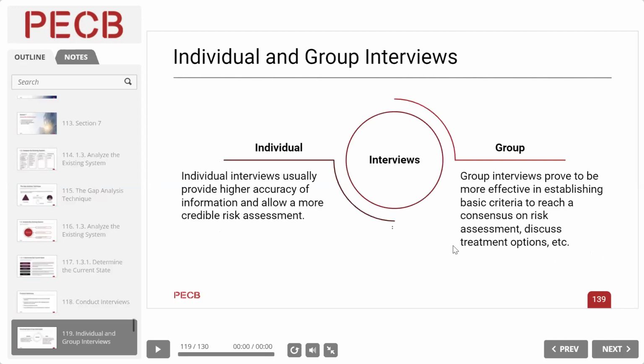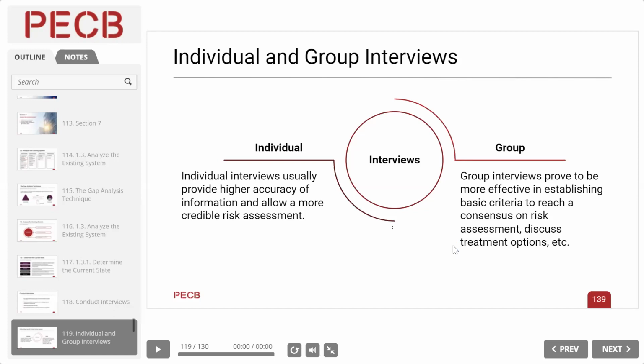Okay, so we can conduct the interviews as individuals or as a group. Both are good. You can have the individual, maybe the business unit head, and then engage the team, to also let them understand.